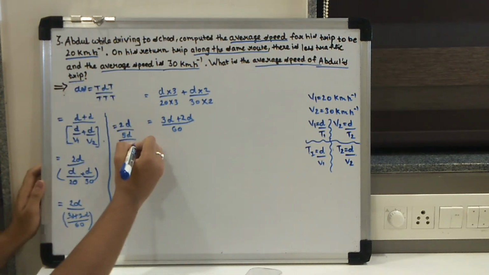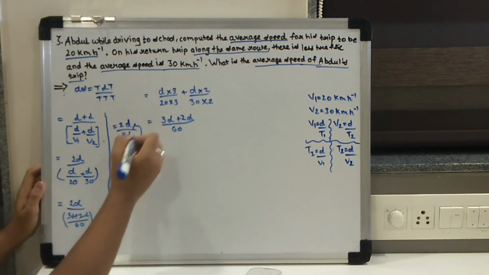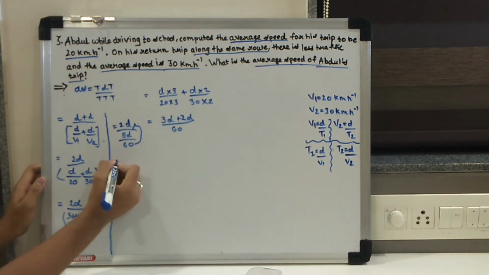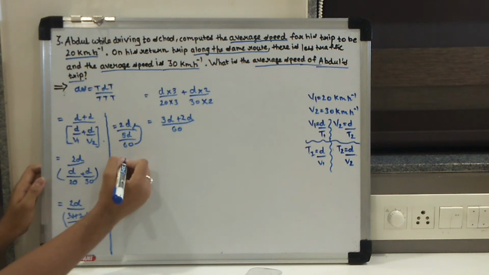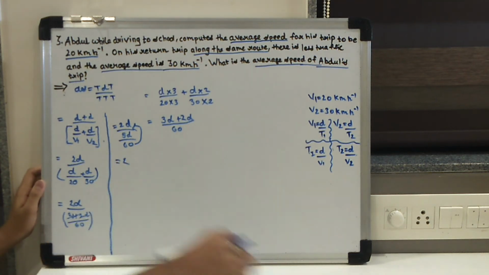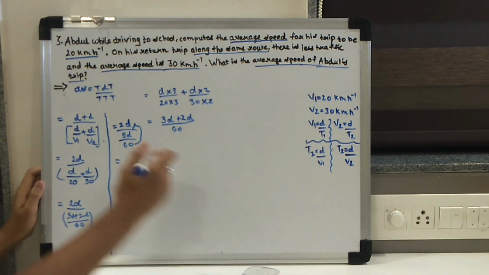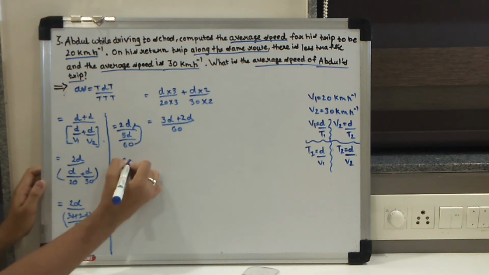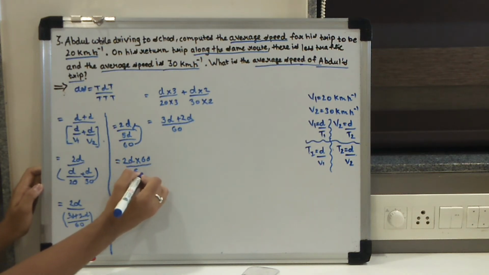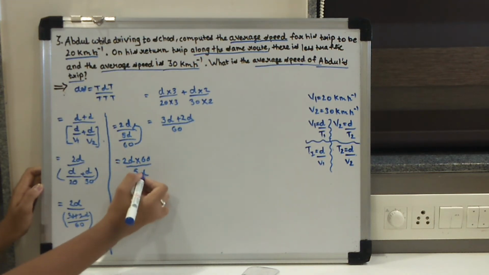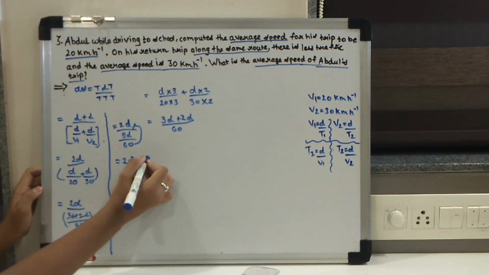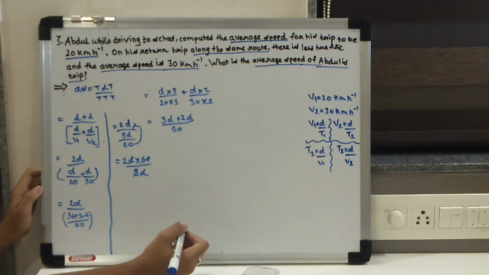So this 60 will move up here and multiply with 2d. So 2d, oh I'm sorry, 2d into 60 upon 5d. So d cancel, and 5 and 60, what will be the answer?